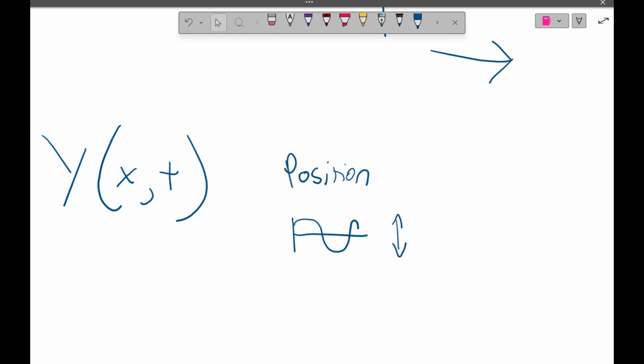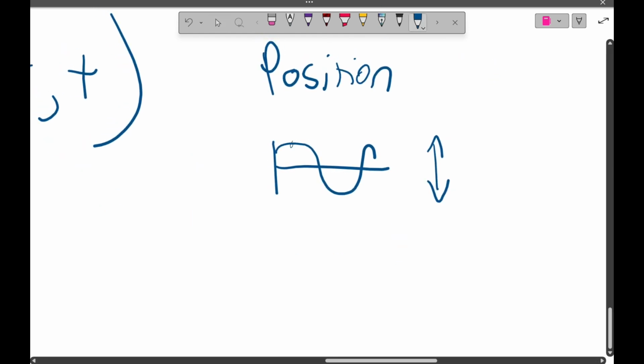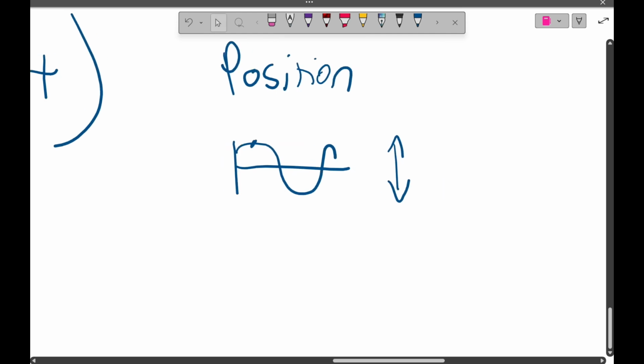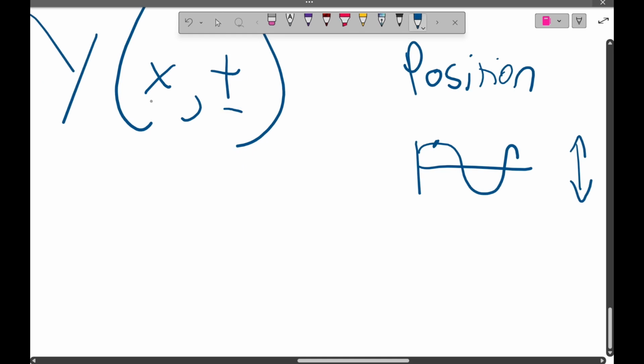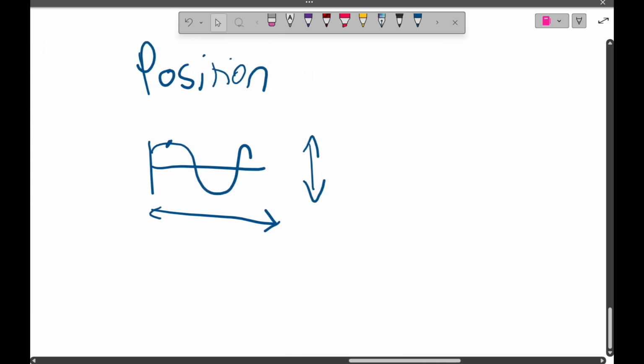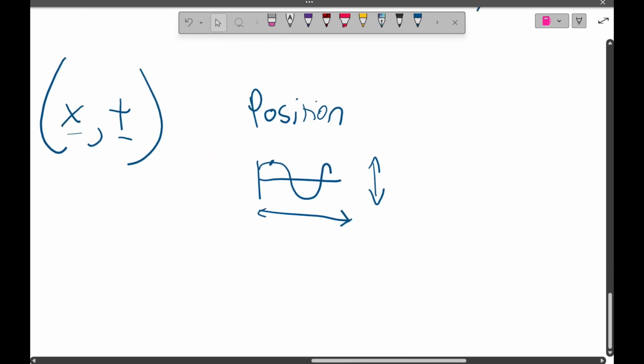This is talking about a physical position on the cord, on the connective element that is being bobbed up and down. It's saying, okay, well, it's moving up and down. I can tell you its position if I know time and if I know the location along the string horizontally, right? But that is not the same.